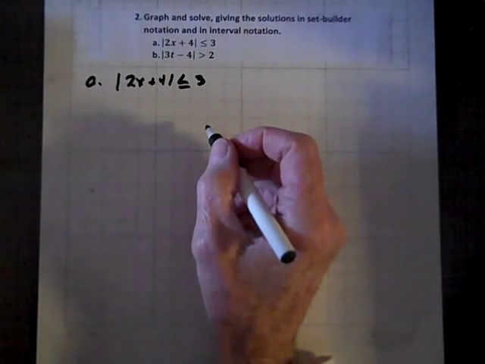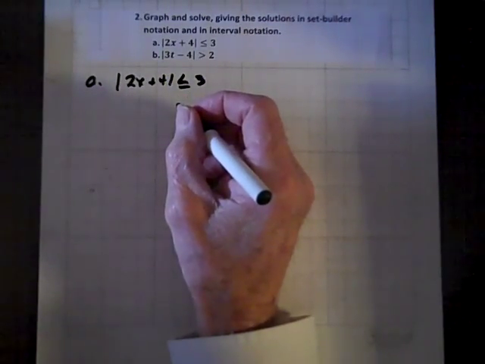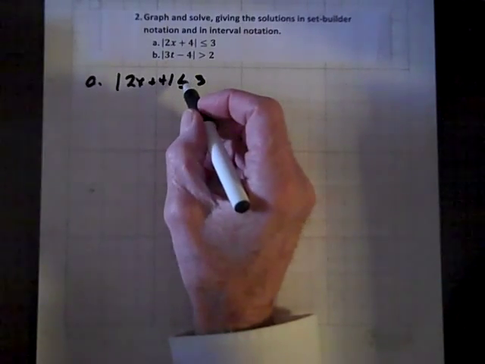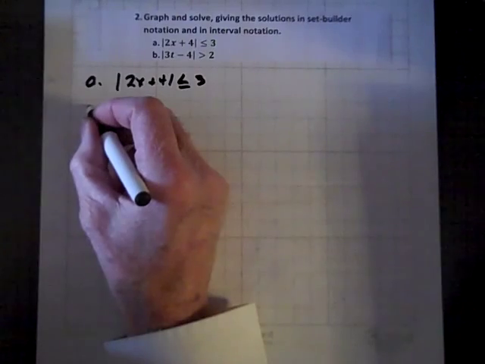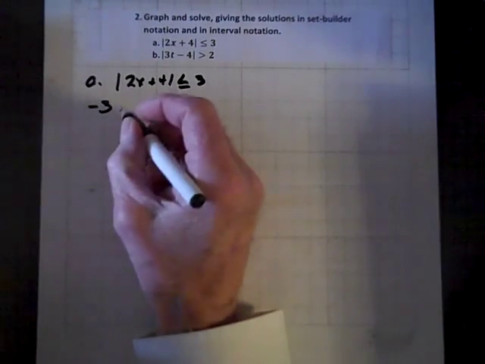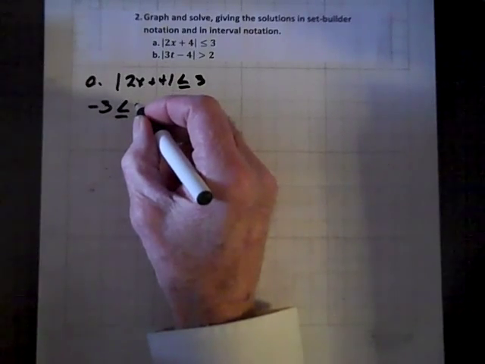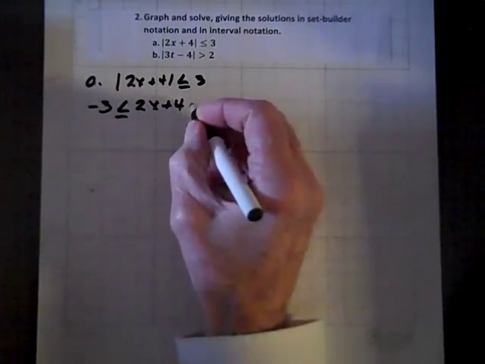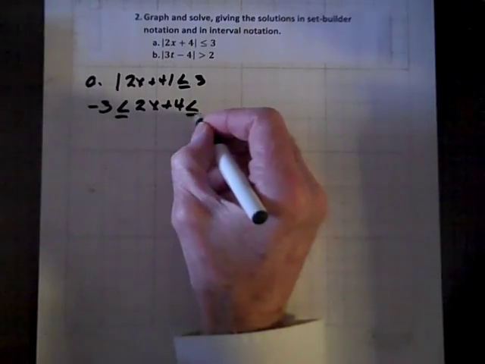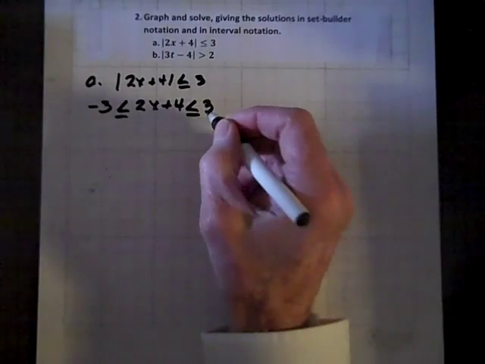Well, our first goal is to dispense with these absolute value bars, and we can do that anytime the inequality is pointing to the left. We can simply rewrite this as a combined inequality, and in so doing we can dispense with the absolute value bars. If you were to do two cases, you would arrive at this conclusion.